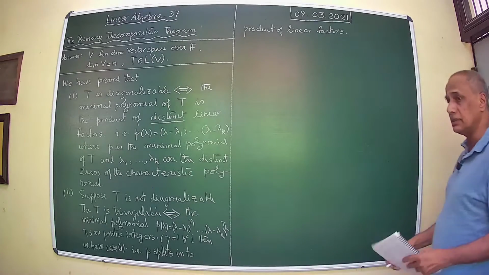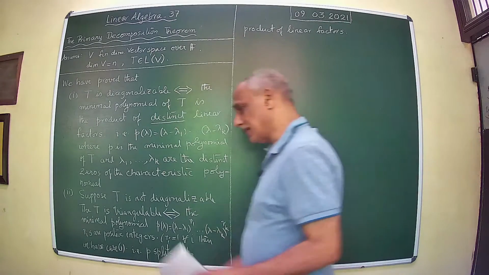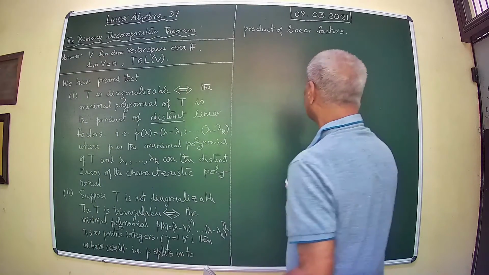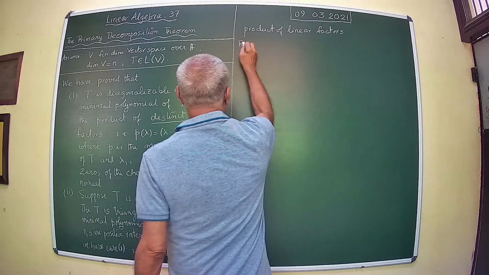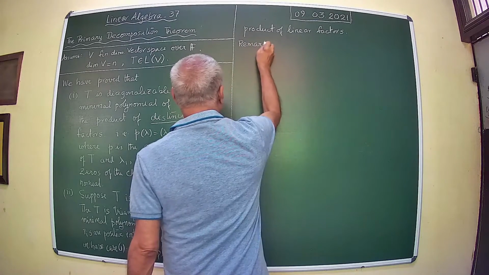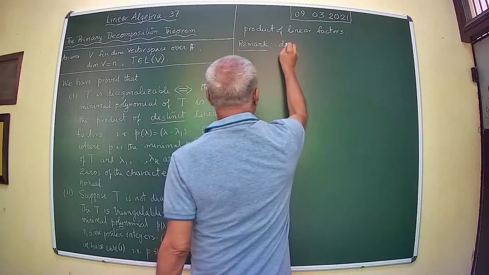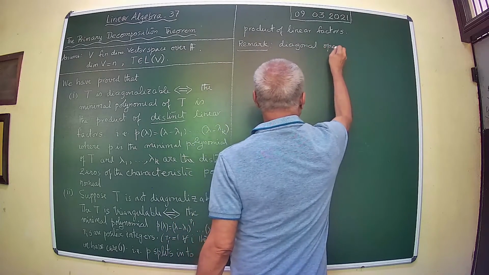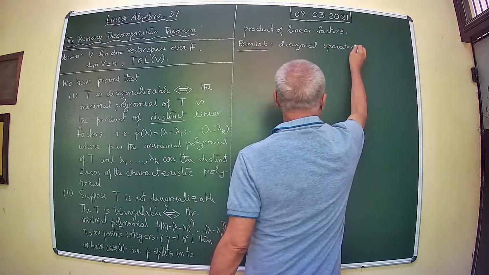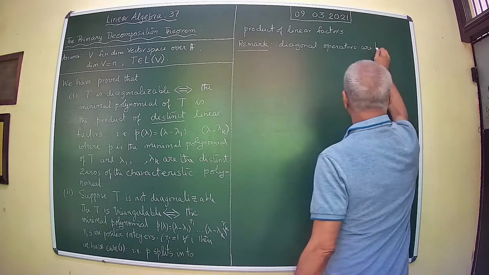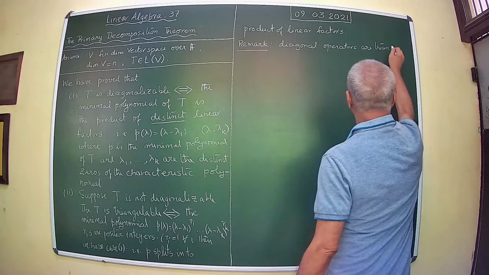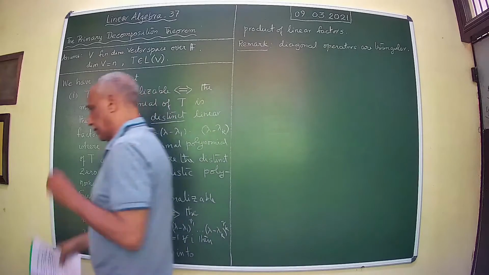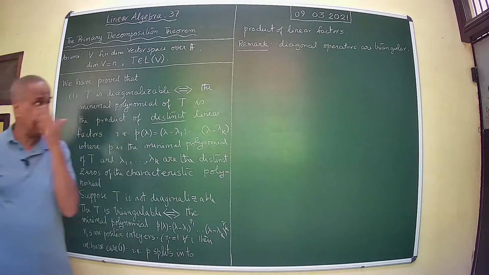If it is distinct, then it is already diagonalizable. So that is the sum-up of what we did so far. Our exploration stands here.